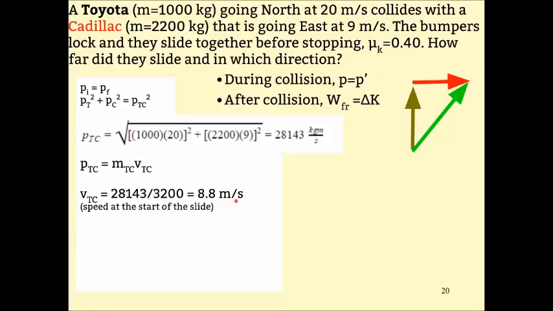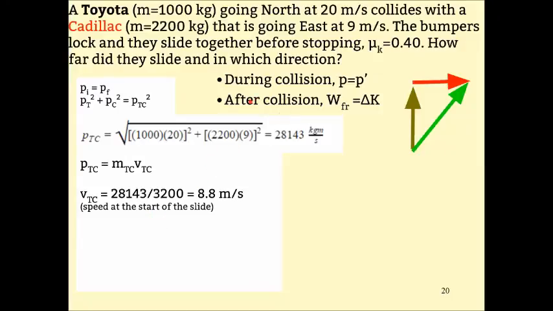We divide that out and we get 8.8 meters per second. So this is the speed at the start of the slide, right? This could be a picture of the momentum vectors. It could also be a picture of the displacement vectors, if you will, or the velocity vectors. And it could be any one of those because they're all going the same direction.